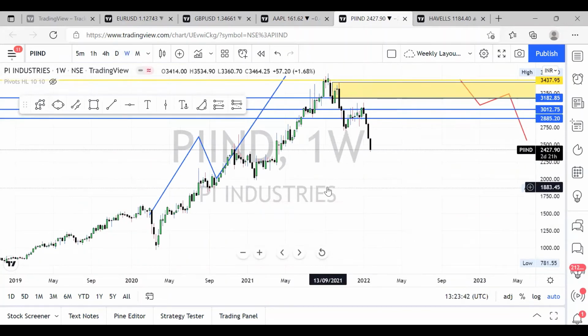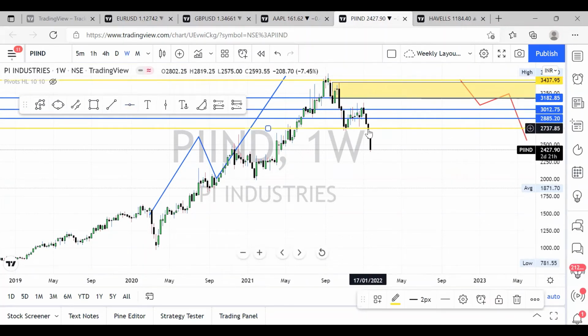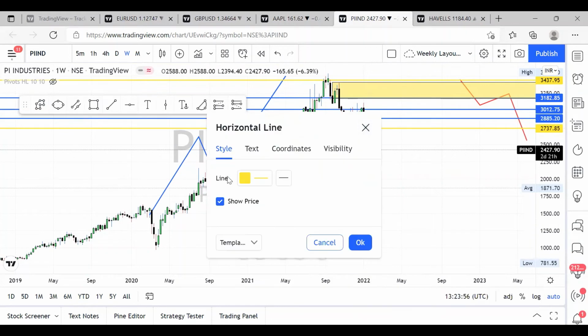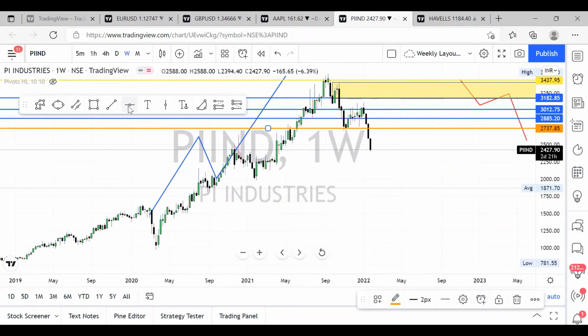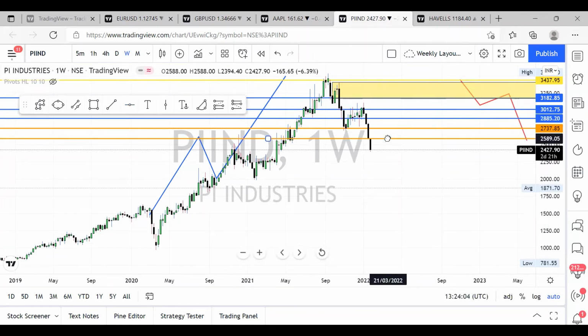So here on the weekly, we see that it has made significant zones. It has even made cleaner zones as well. So let's just make it a bit darker. And this is where the price is at the moment.